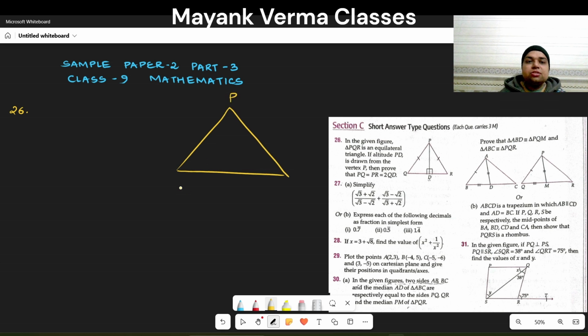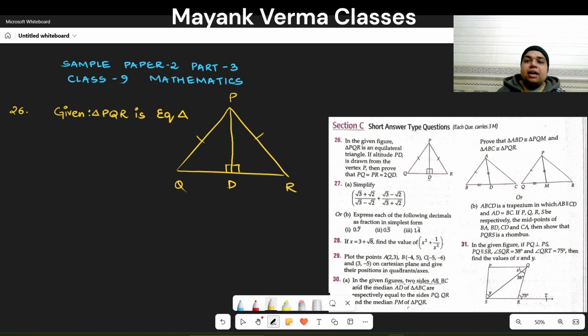This is P, this is Q, this is R, and this is T, this is 90-degree given, and PQ is, I think, given equal to PR. Okay, now let's see the question. In the given figure, triangle PQR is an equilateral triangle. So given: triangle PQR is an equilateral triangle.